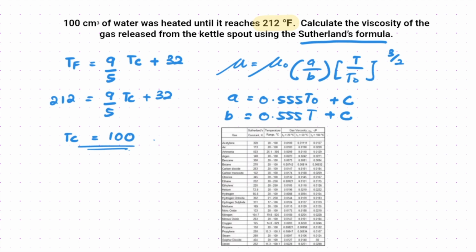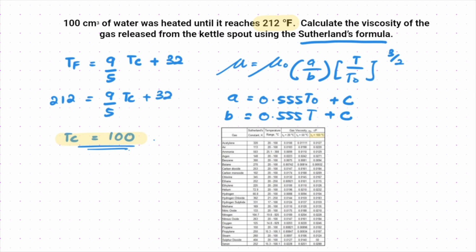Okay, so your T is equivalent to the value of T that we already calculated just now, which is in degrees Celsius. But your T naught is from the table. So from the table, the nearest to the value is 100 as well. So means that your T and your T naught is equivalent to 100 degrees Celsius.